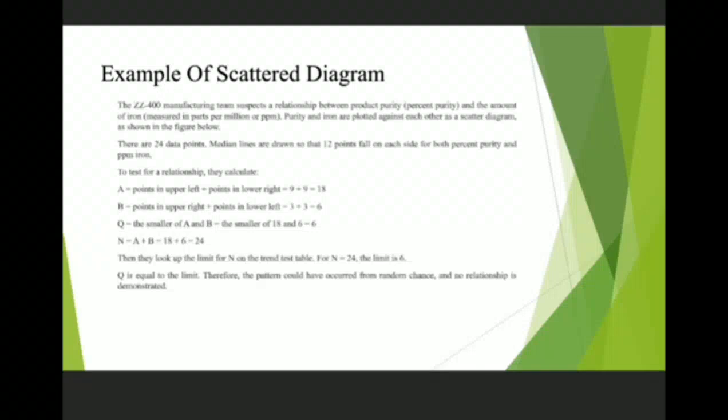Then they look up the limit for N on the trend test table, where Q is equal to the limit. Therefore, the pattern could have occurred from random chance and no relationship is demonstrated.